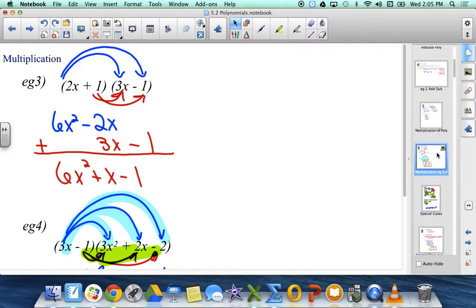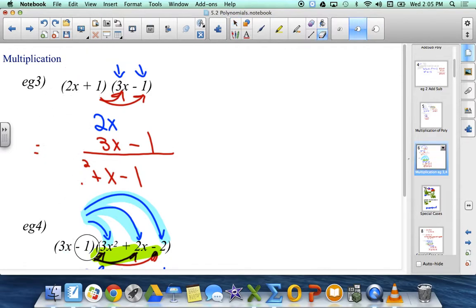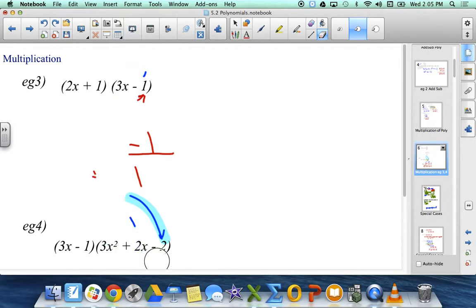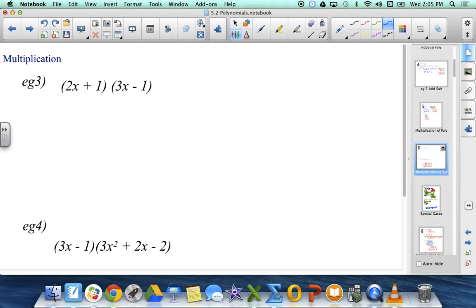Here's another one. Let's do these two. Alright, so we have 2x times 3x is 6x squared, and 2x times minus 1 is minus 2x.